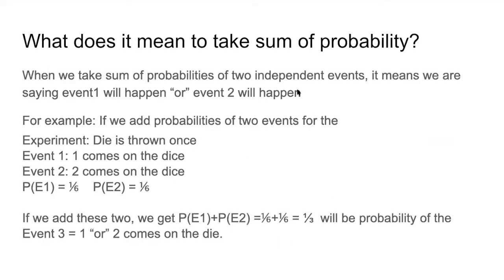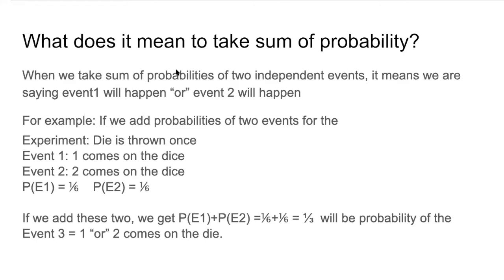So what does it mean when we take the sum? When you take the sum of the probabilities of two independent events, it means saying event 1 will happen or event 2 will happen. Understood?